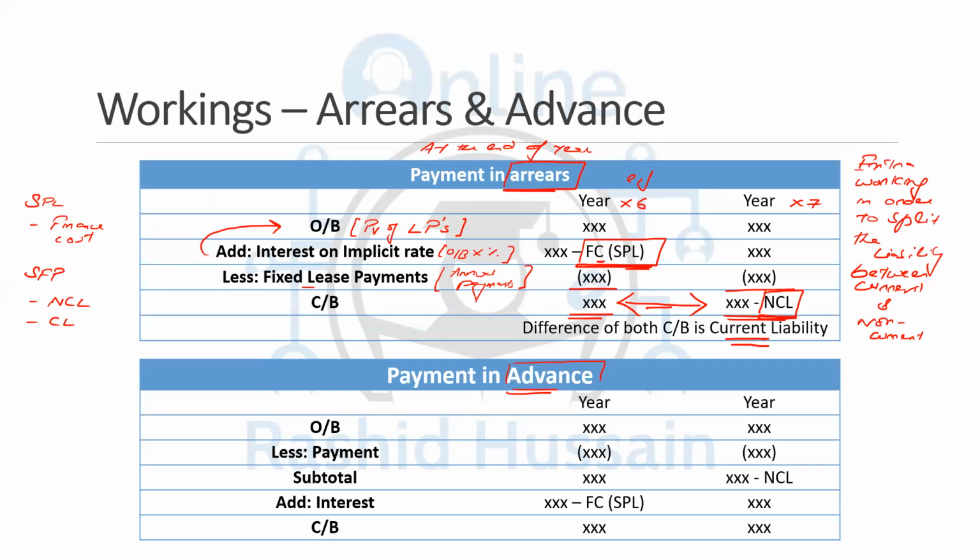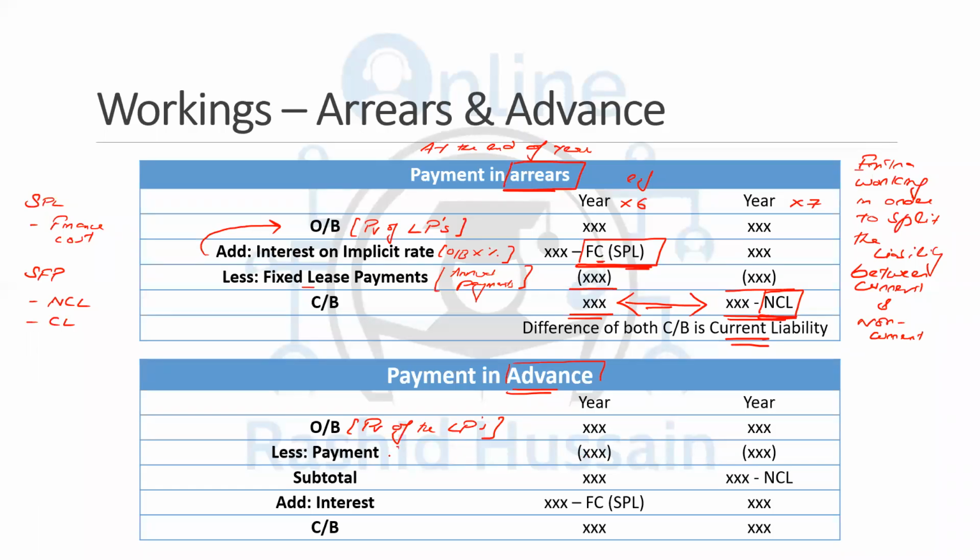So similarly, when you're making payment in advance, how are you going to know whether the payment is in arrears or in advance? You need to see the dates. If when you're entering into a lease you're making the payment on the same date, that simply means you're making payment in advance. So you take the opening balance, which is again the present value of the lease payments, and then you deduct the payment from it.